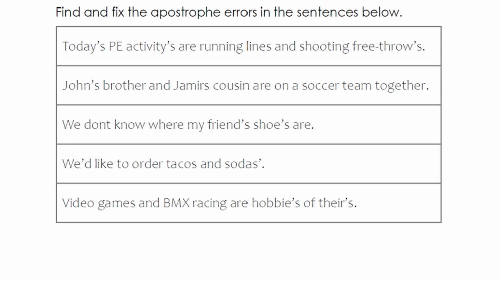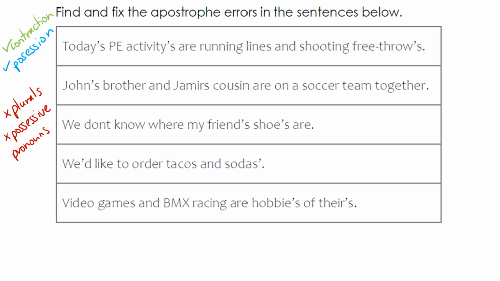So as we're looking, if we are using apostrophes, it should be for a contraction, or it should be for possession, but we should not use it for plurals, and we should not use it for possessive pronouns.